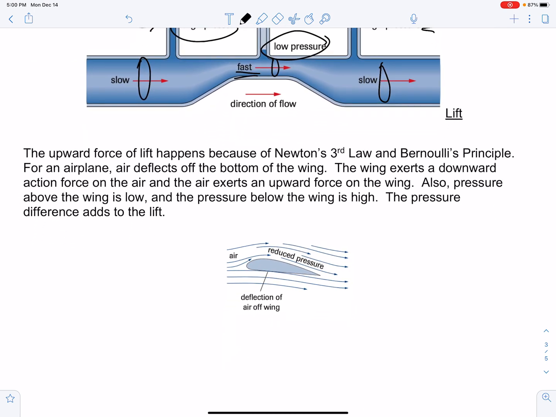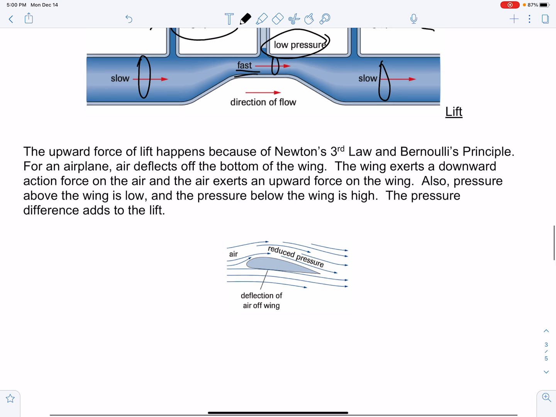Now, this actually created an understanding of how airplanes work and made it possible to predict that airplanes could fly if you were conscientious of how to design the shape of the wing. Just look at this diagram here.